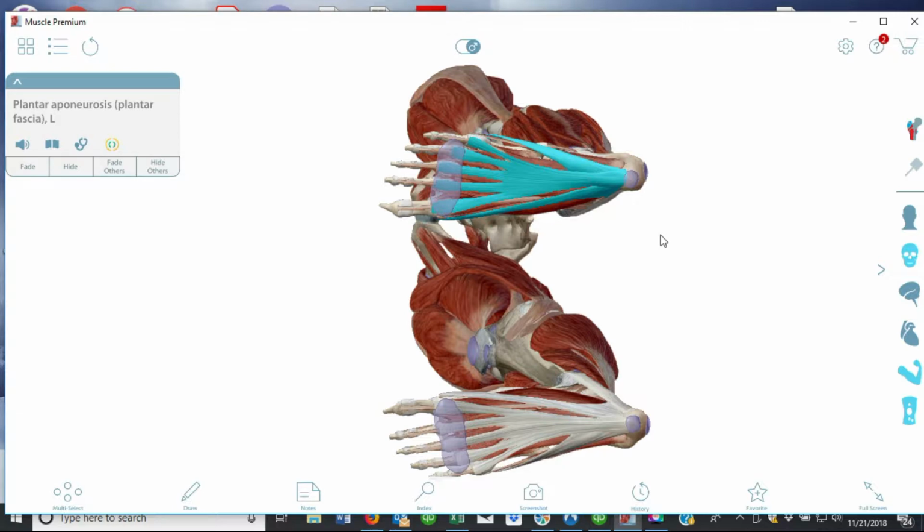So how do you know if you have plantar fasciitis? Typically, people with plantar fasciitis complain of a stabbing type pain right here on the inside part of the heel bone. So the undersurface and inside of the heel bone is typically affected.